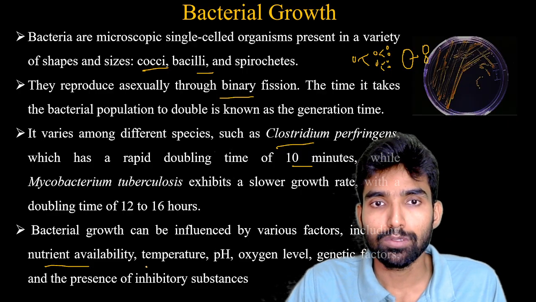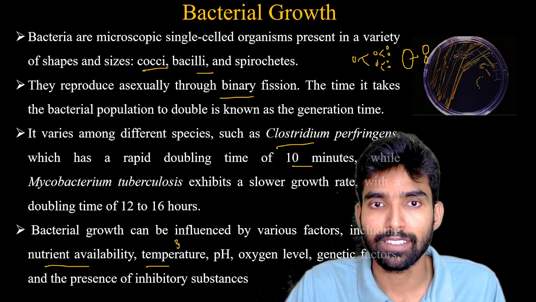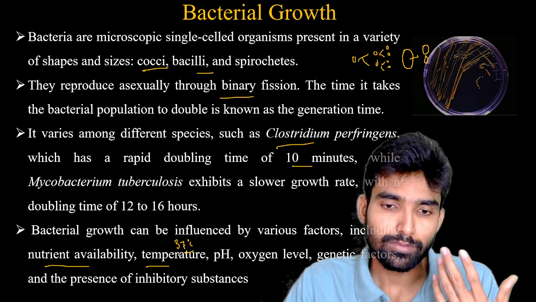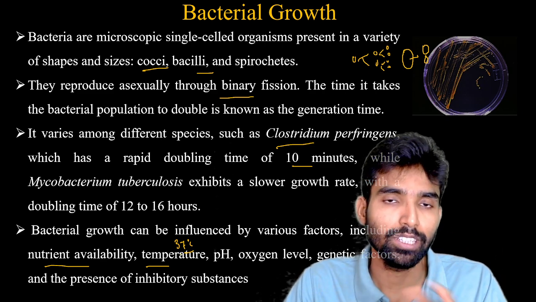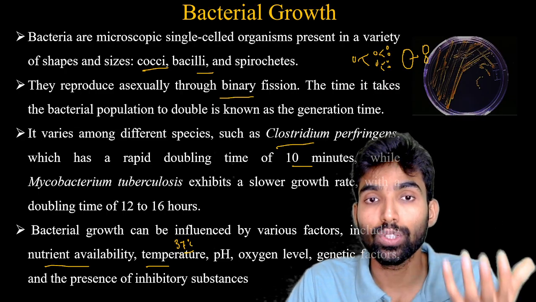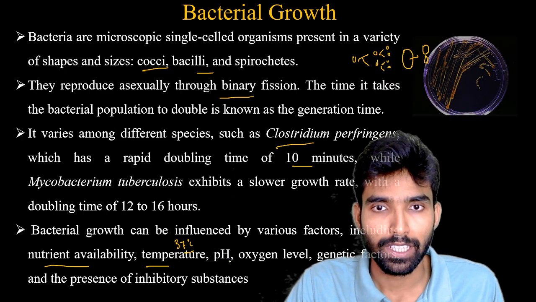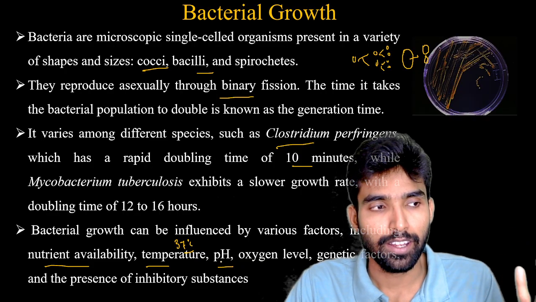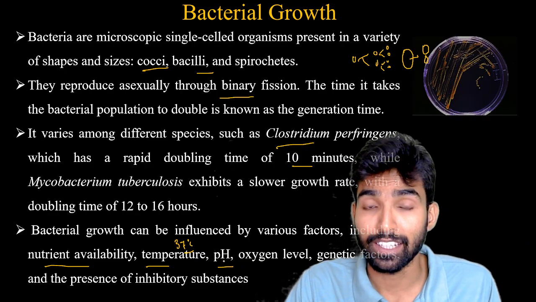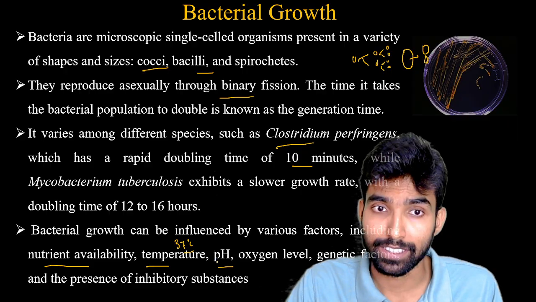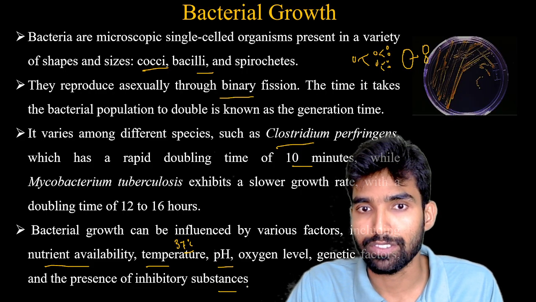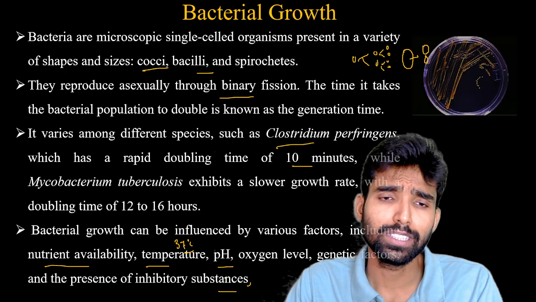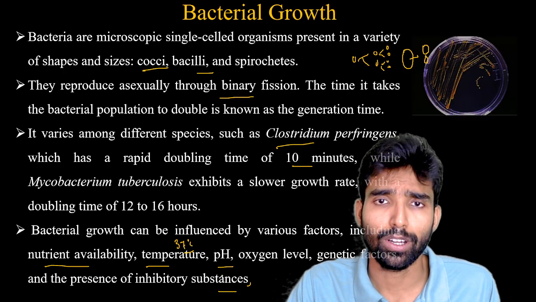Most bacteria grow well at 37 degrees centigrade, but some bacteria are thermophobic, so they don't love heat and prefer the cold temperature for their propagation. pH: some bacteria are acidophilic, some grow well in alkaline culture. Level of oxygen, genetic factors, and the presence of inhibitory substances. Inhibitory substance means something that will inhibit their overall growth.